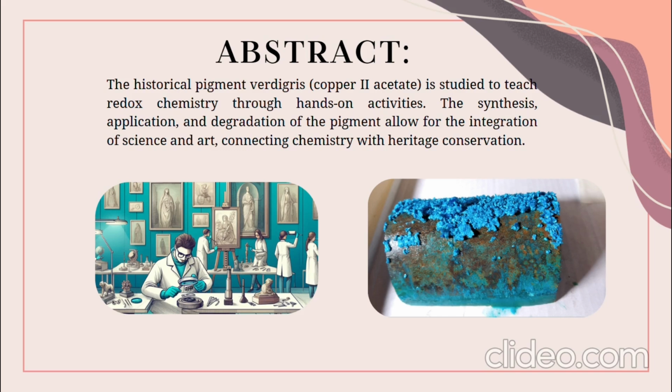We prepare and use copper acetate, verdigris, for a series of interconnected laboratory activities applicable from high school chemistry to heritage conservation research. This process illustrates scientific concepts such as redox chemistry and connects science to real-life scenarios.